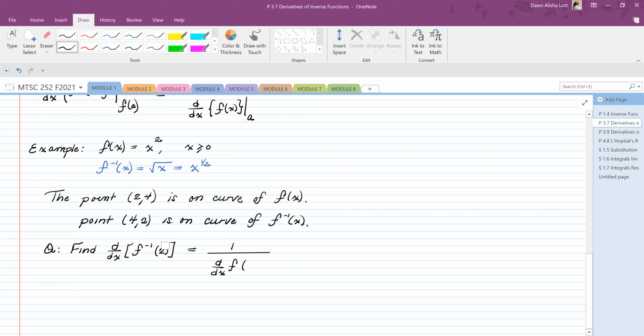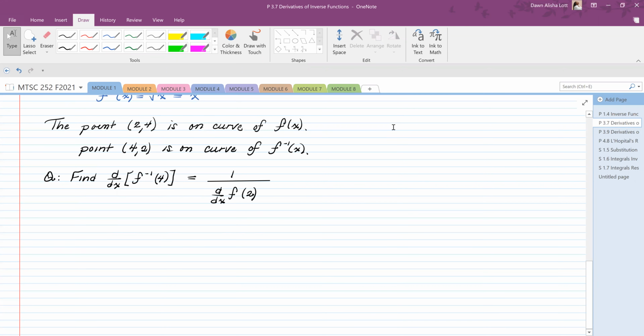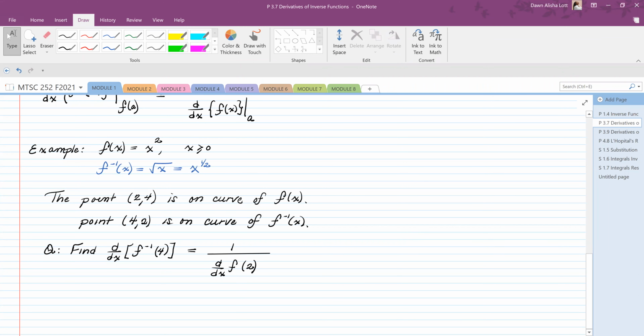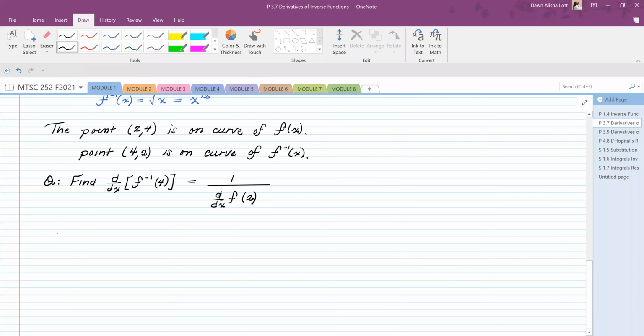This one should be a 4 because f inverse has 4, and this one should be a 2. So let's check. f prime of x is 2x.